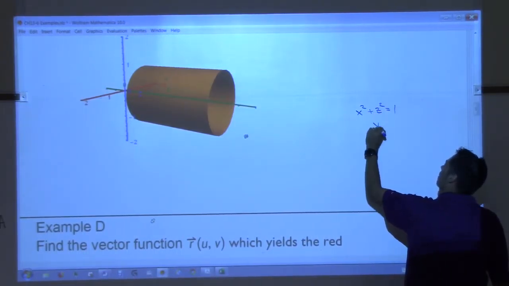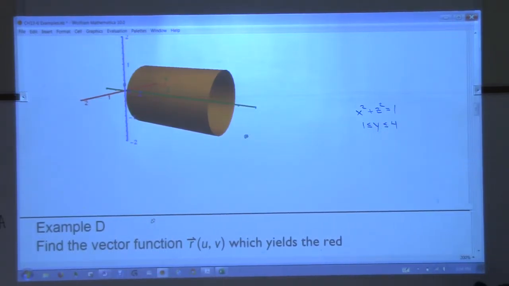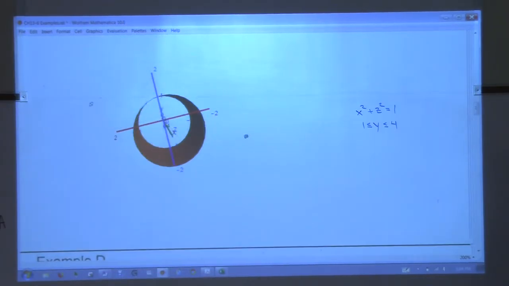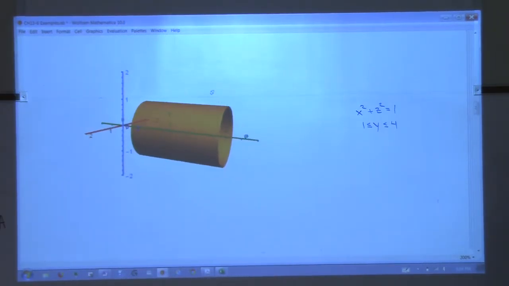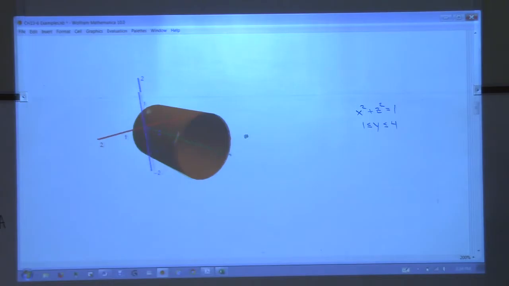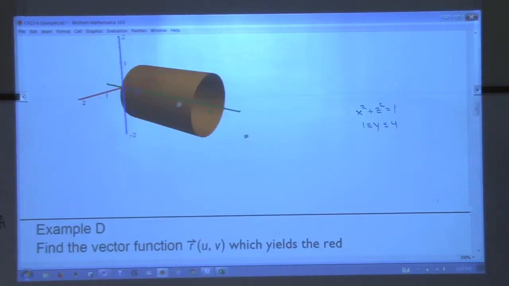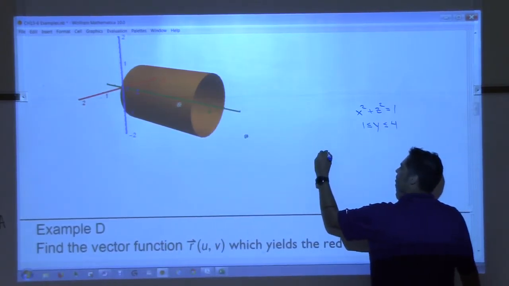Y is between 1 and 4. This is a cylinder, yes? It's hollow. How do we draw this? Can we draw it all in one shot? Can we do this with one function? Is this a single surface? Yes? I'm getting nods of yes. Okay, if so, you're going to need to convince me by coming up with the vector function.